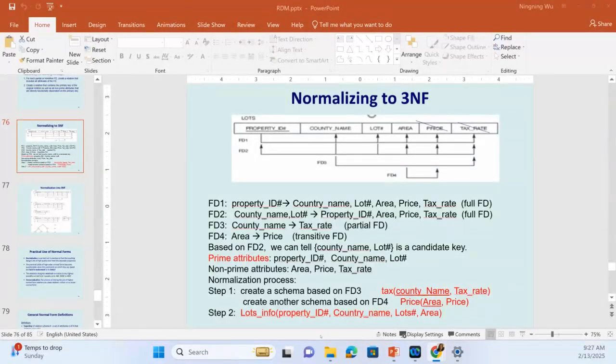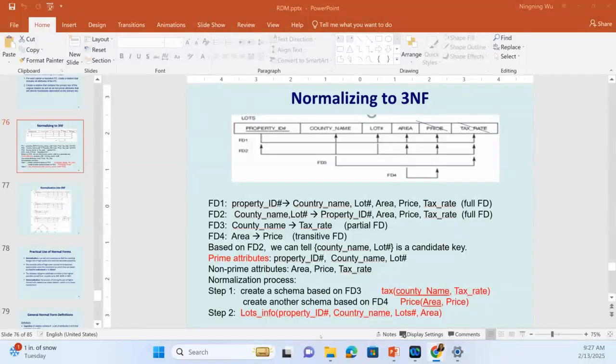So you just need to understand that whenever we need to evaluate the goodness of a relation schema, we have to go with the first normal form first. And the first normal form only considers the attribute's property.